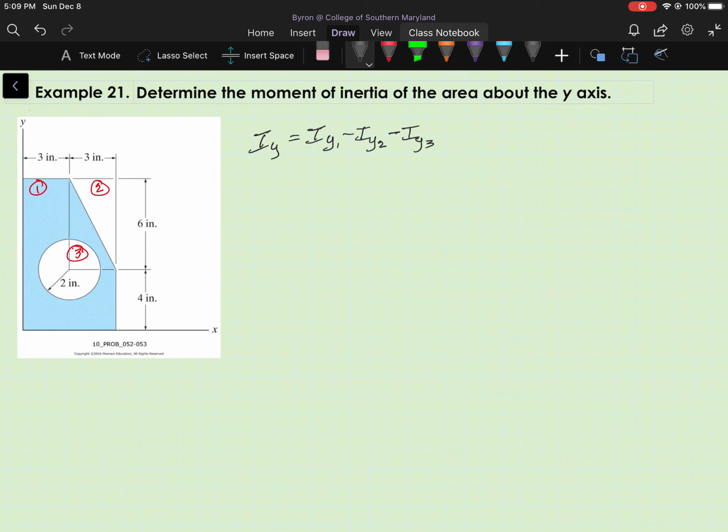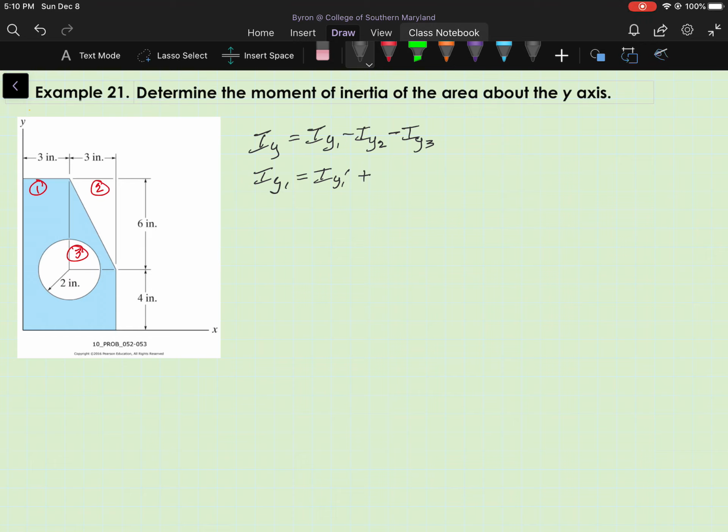So let me write, using the parallel axis theorem, I can say that I sub y1 is going to equal I sub 1 prime, which is the moment of inertia of the rectangular area, area 1, about a vertical axis that goes through the centroid of that area.